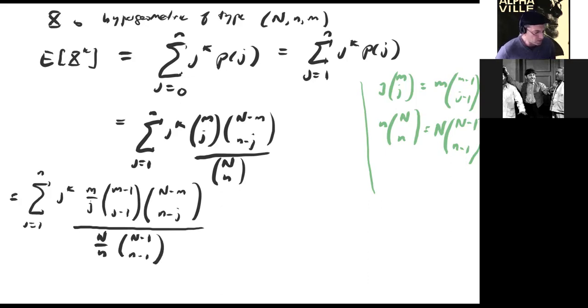Okay, so now what does this do for us? We can bring out some constants, the m over j and the N over n. Well, the j cancels with the j to the k.